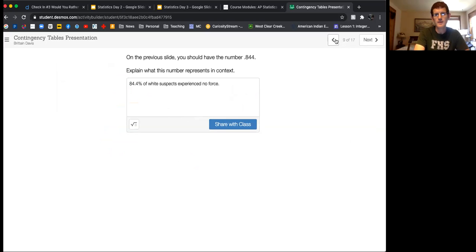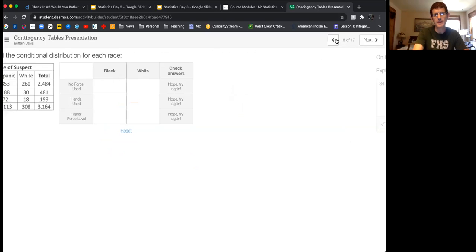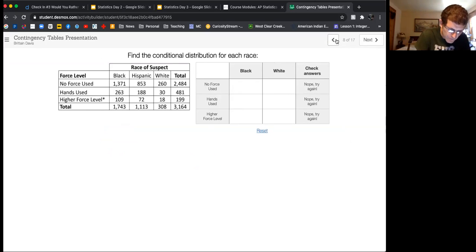So we should have the number 0.844. And what does this mean in context? I'll go ahead and tell you where that is. That 0.844 goes right here. So can someone tell me what that 0.844 means if you were to say it?